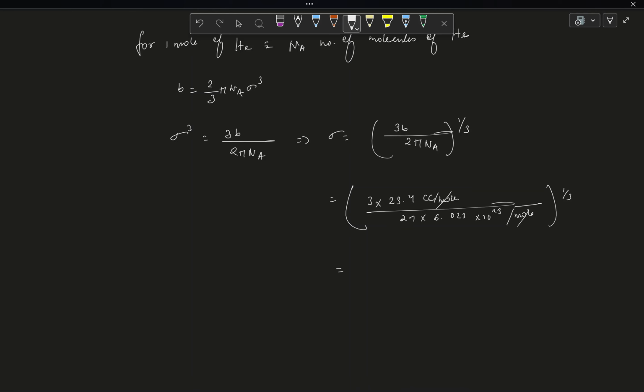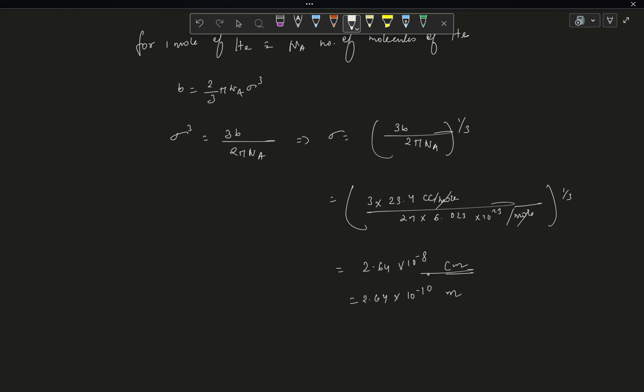So if you calculate this carefully, we will get that this value is 2.64 into 10 to the power of minus 8 centimeter cube to the power 1/3, which is centimeter, and this is just 2.64 into 10 to the power minus 10 meter, because this was a centimeter.